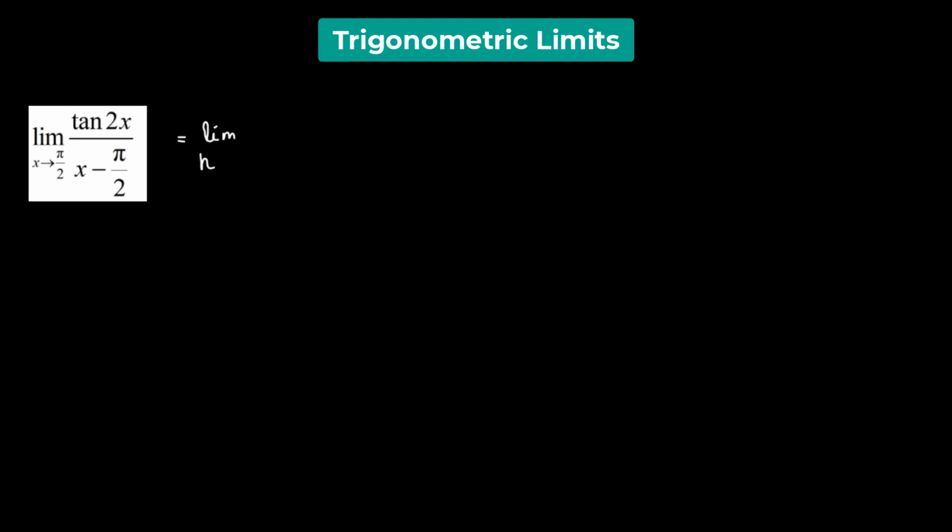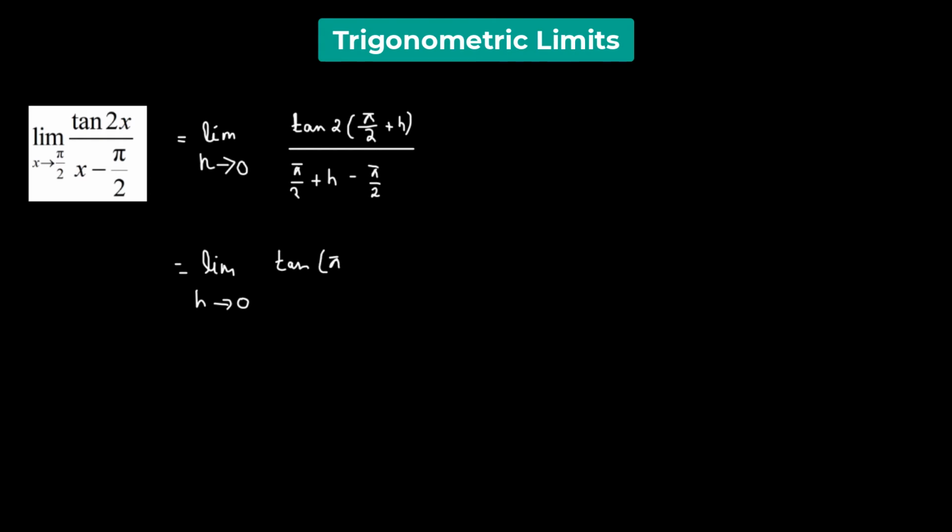So we have limit h approaching 0, tangent of 2 times x, where x will get replaced by pi over 2 plus h, divided by pi over 2 plus h minus pi over 2, which will be equal to limit h approaching 0 tangent of 2 times pi over 2, which is pi, plus 2h, divided by h. So tan of pi plus 2h will be equal to tangent of 2h.